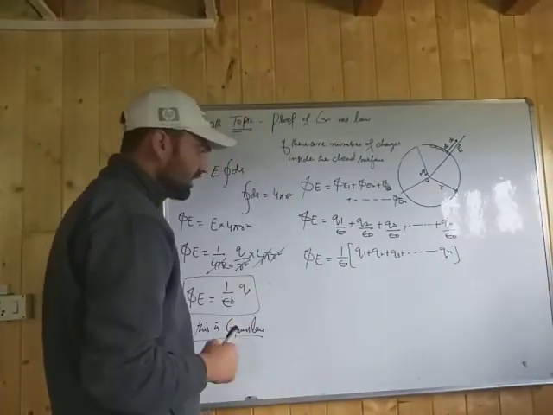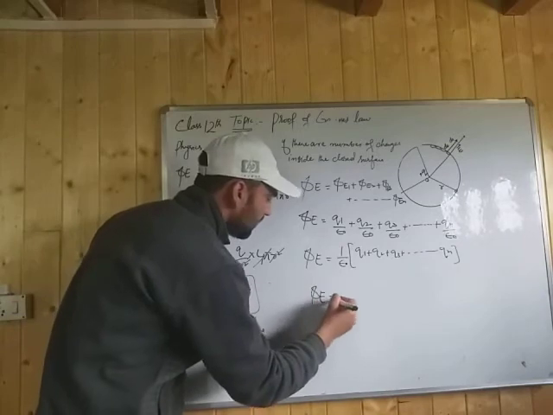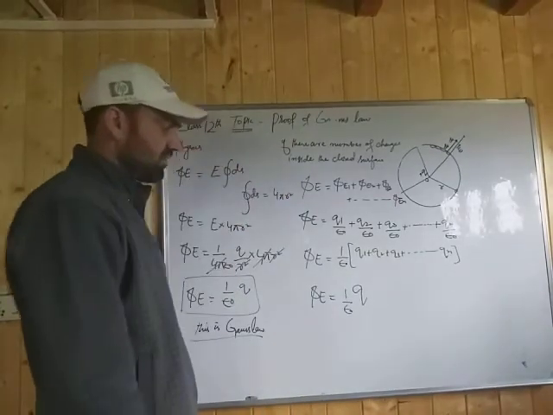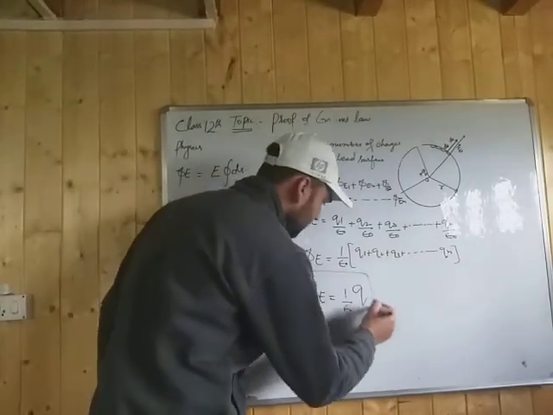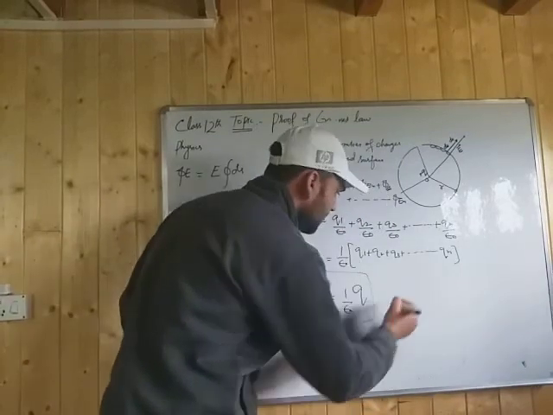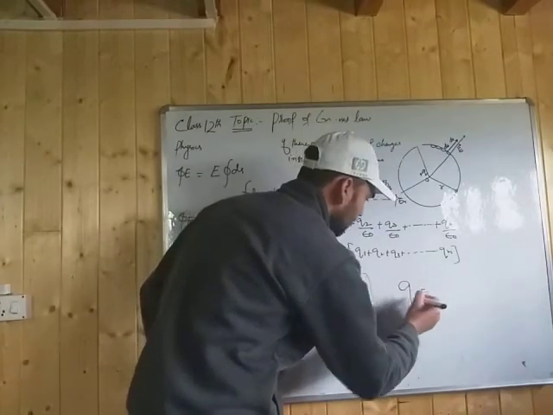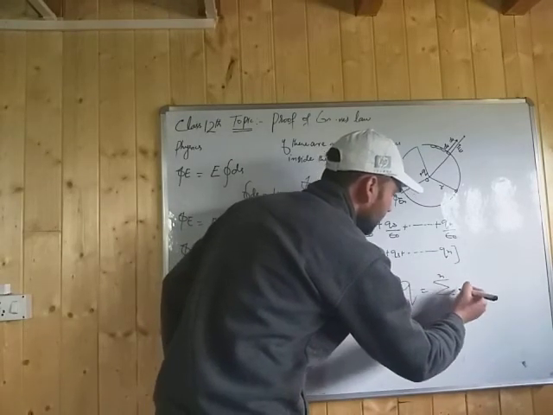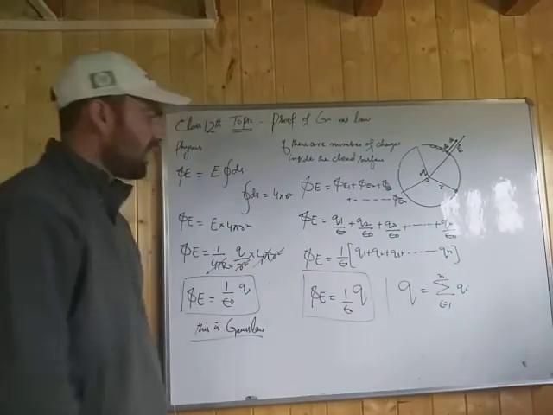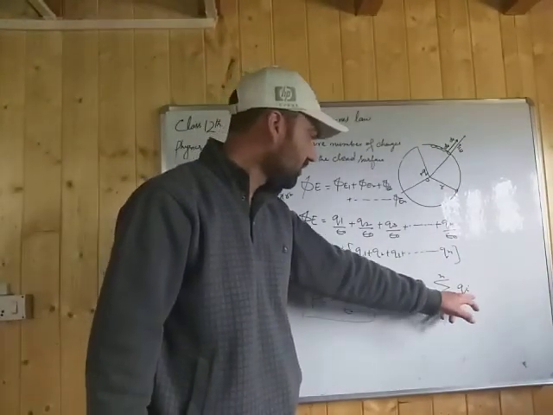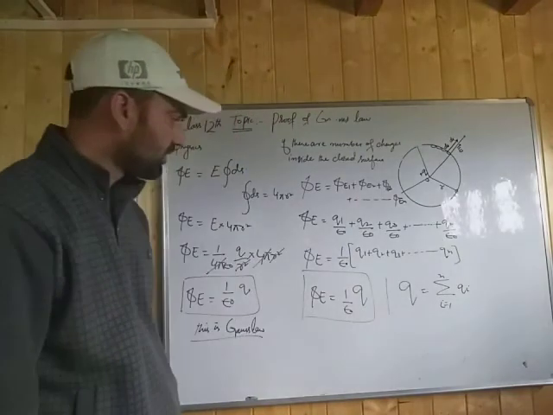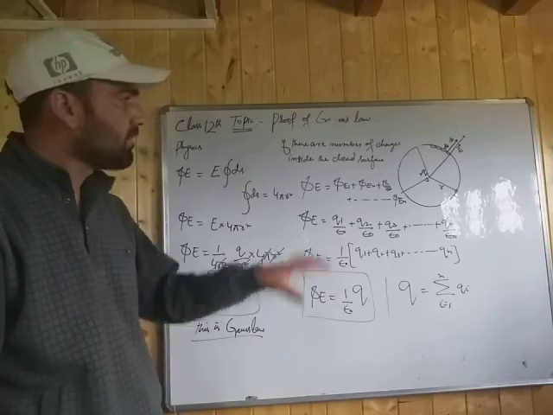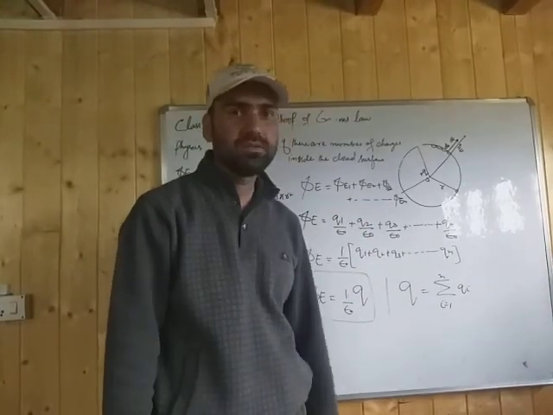So I can write it this way, phi E is equal to 1 over epsilon naught times Q. So this is also Gauss's law, but this Q we can write as the summation of Qi, with i from 1 to n. So when i is equal to 1, it will be Q1, similarly Q2, Q3, Q4 and so on. So this is the proof of Gauss's law with a number of point charges inside the closed surface.